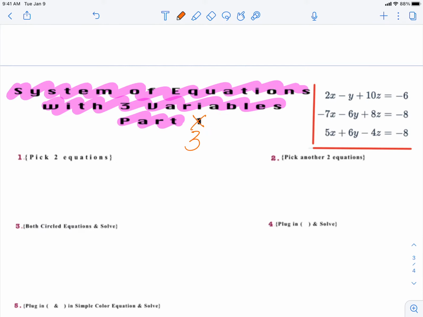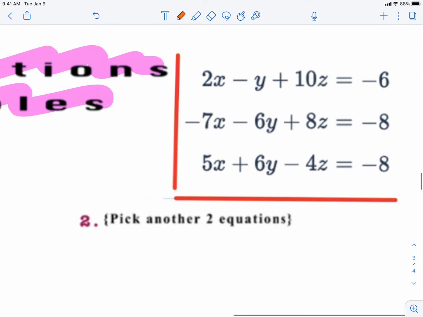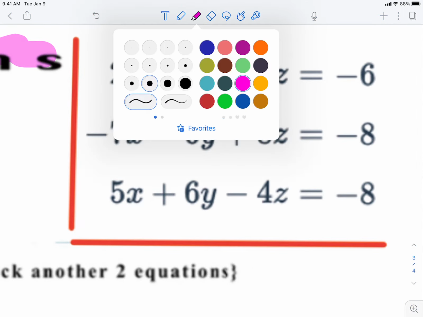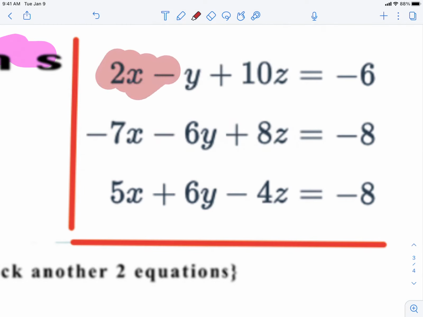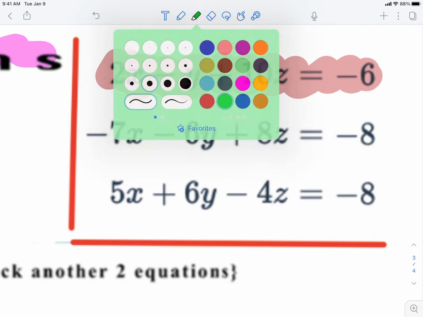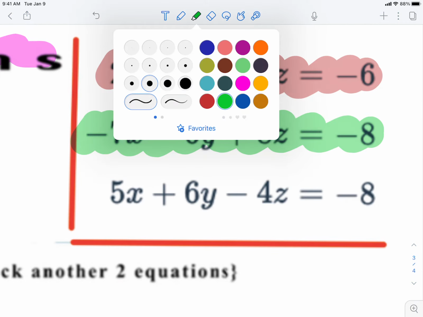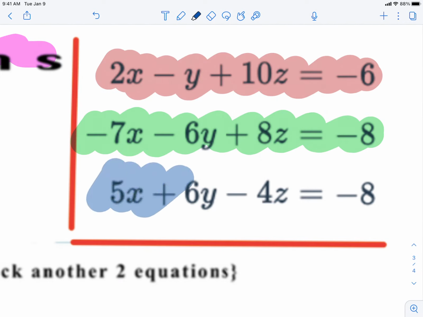We got this. So let us take a look at our three equations, and as Mr. Martinez always does, he's going to highlight each equation in a different color, just like this. All right, look at that.